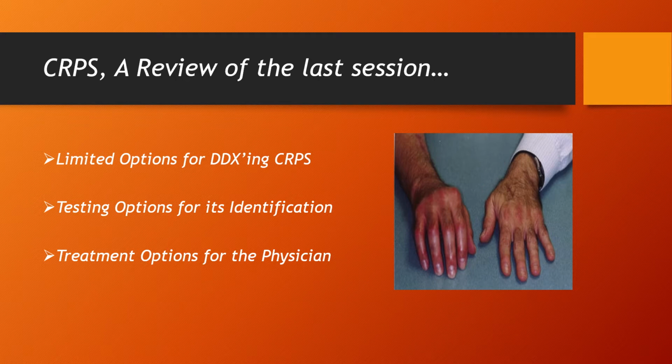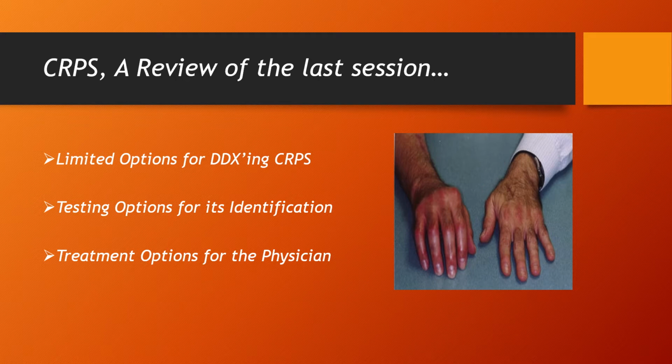Finally, we touched on the limited treatment and pain management options that we can provide the individual, such as chiropractic and physical therapy modalities, pharmaceuticals, behavioral therapies, pain management in the way of spinal blocks or nerve stimulators at the spinal level.